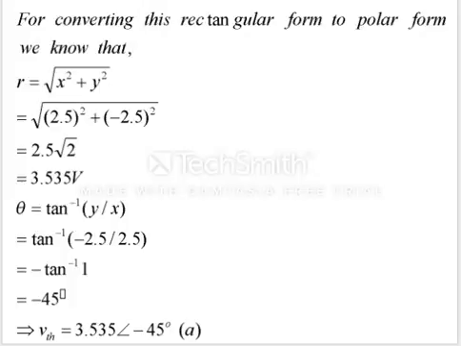After putting the values of x and y in the formula, we get the value of R as 3.535 volts. Also, theta is equal to tan inverse y by x, which comes out to be minus 45 degrees. Hence, VTH is equal to R angle theta, which equals 3.535 angle minus 45 degrees volts, which is option A.